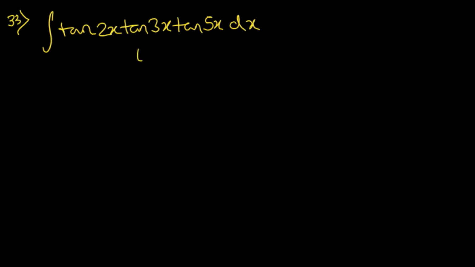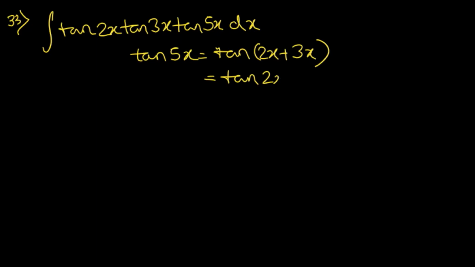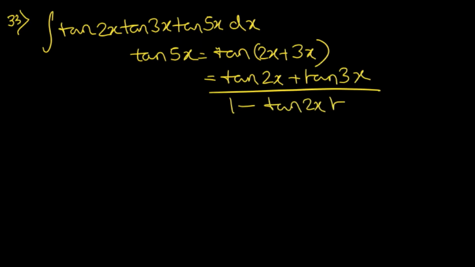We know that 5x is 2x plus 3x, so you can write tan 5x like this: tan 5x equals (tan 2x + tan 3x) by (1 − tan 2x tan 3x).